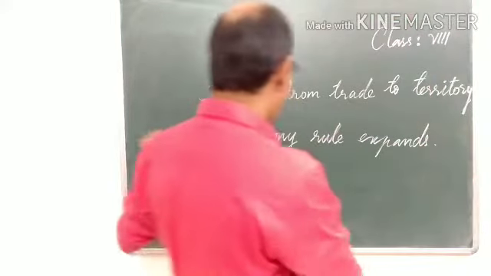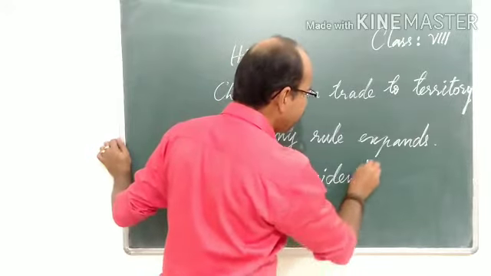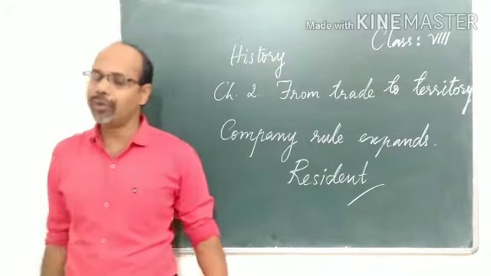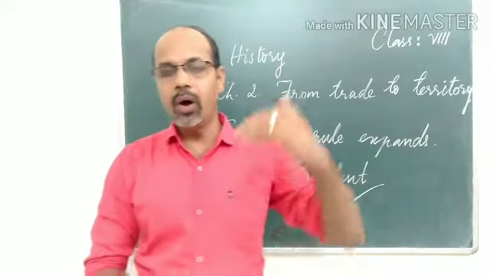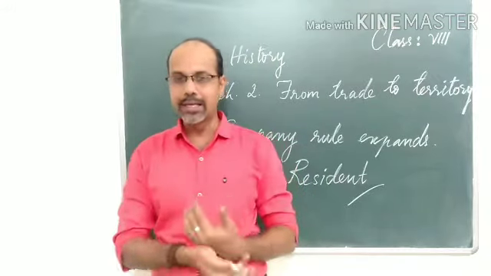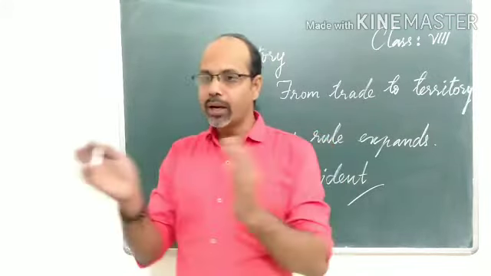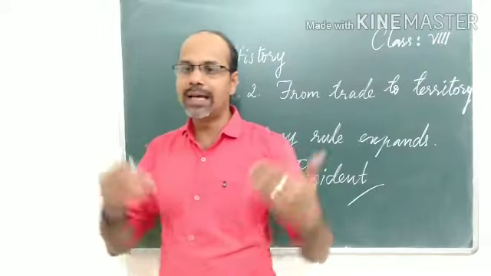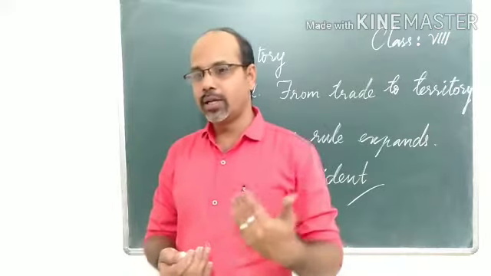He is a British officer, a company officer. A resident was appointed in each Indian kingdom, in the kingdom of an Indian ruler. They were political or commercial agents, and their job was to serve the further interest of the company.